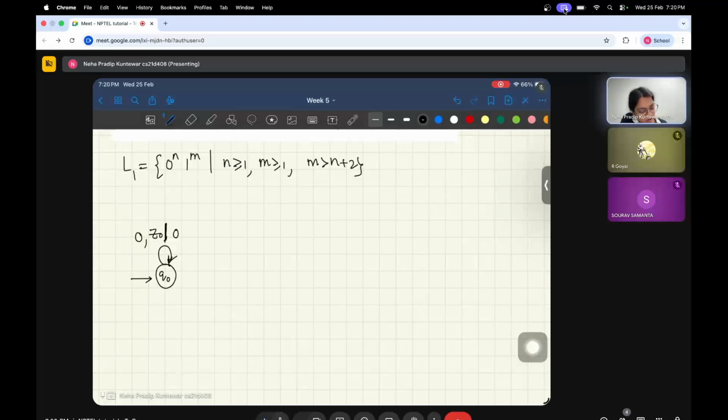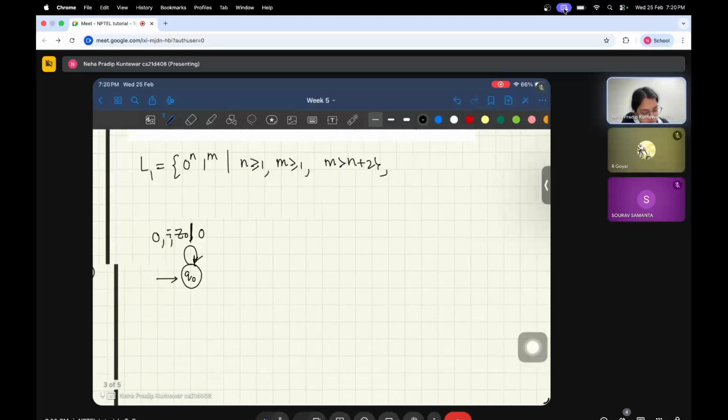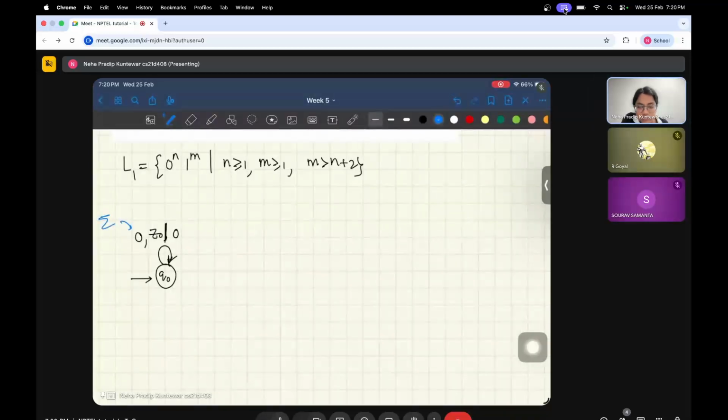Yeah, sure. So this is our input alphabet. This is the stack alphabet, and this basically means we are pushing a 0 on top of the stack. So this is what we are doing. Then maybe 0 is on the top of the stack and you read one more 0, then you want to push it again.